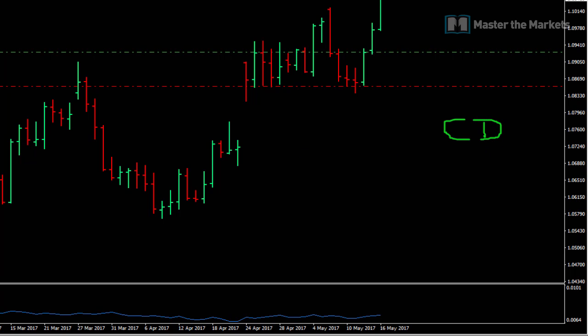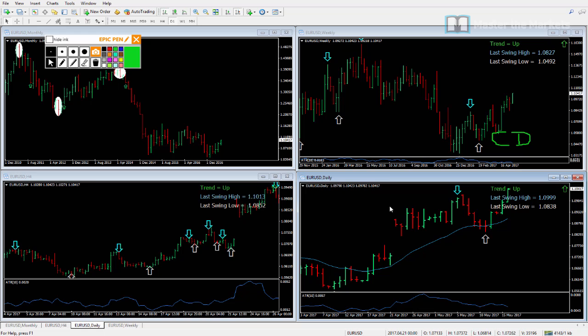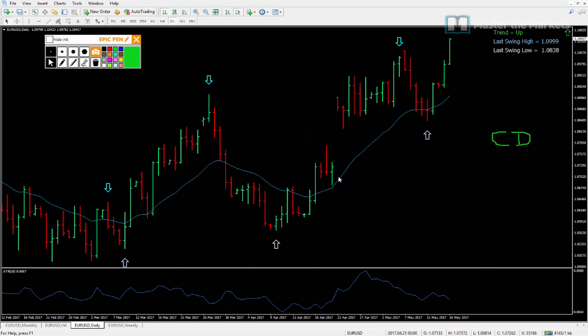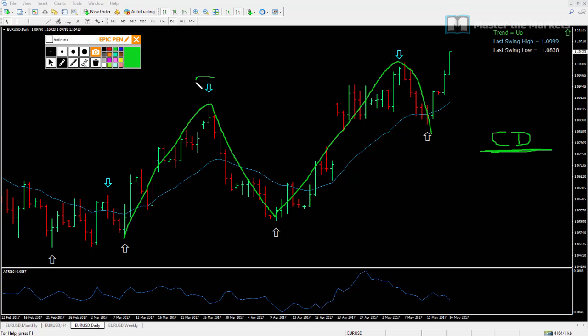Let me show you this. Let me just bring up a chart over here, on the euro dollar. To measure cycle depth, you first need the cycles, which you can see here. But the most important thing for cycle measurement is that you need your quantified swing highs and lows.